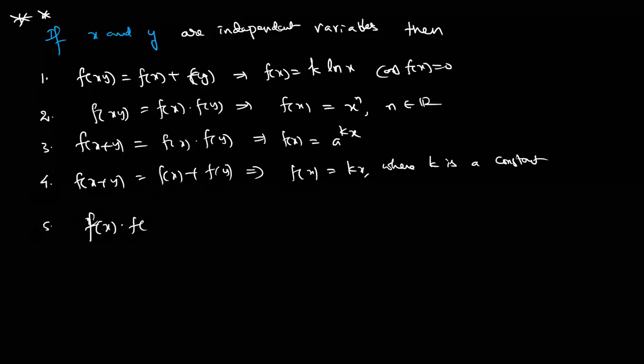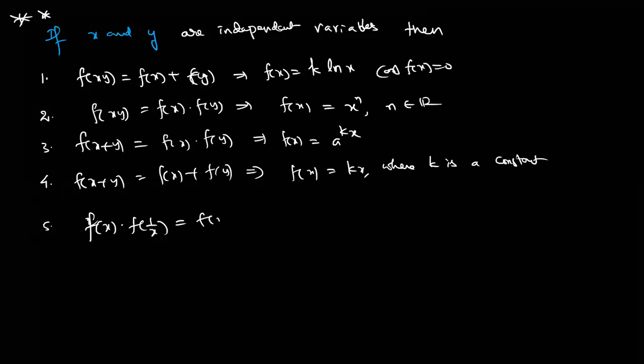F of x into f of 1 by x implies f of x is equal to plus or minus x power n plus 1. The fifth one is very important, dear students. Write down these formulas.